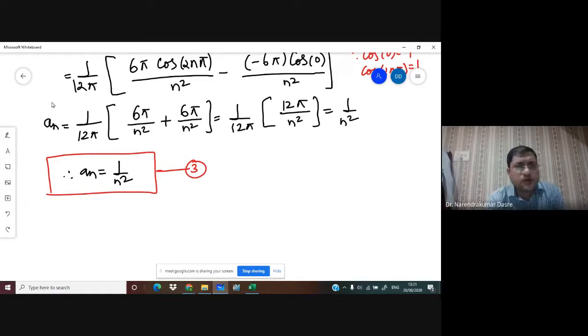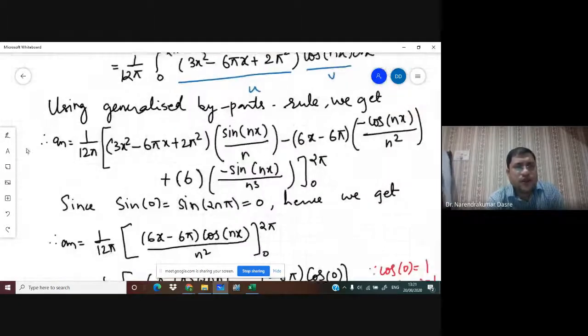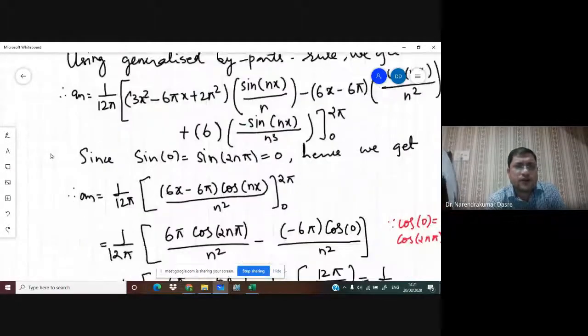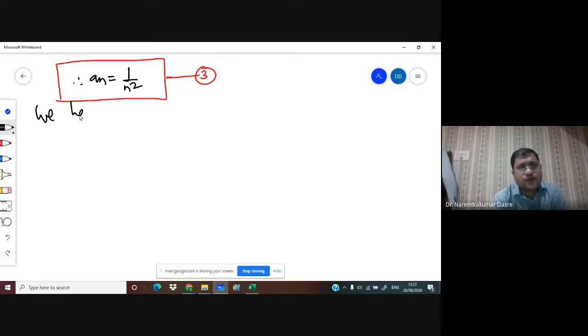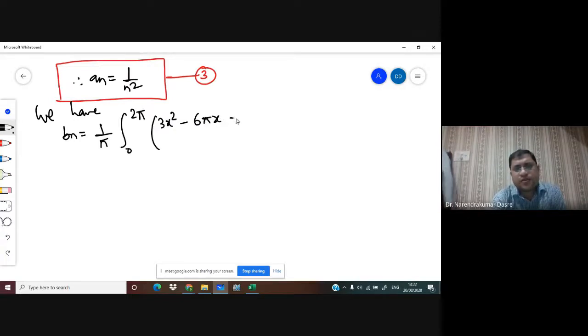So we got the value of a0, we got the value of an, and now we have to find the value of bn. So bn is equal to 1 upon π integral 0 to 2π of (x square minus 6πx plus 2π square) by 12 into sine of nx.